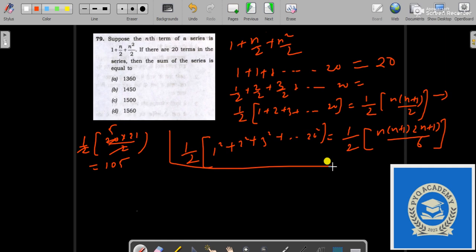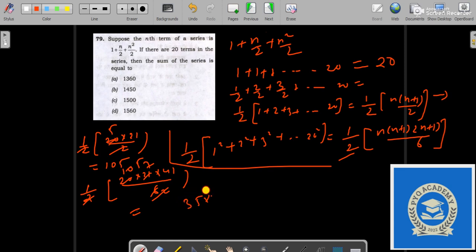Now calculate the other term. Here we will get 1 by 2 into 20 into 21 into 41 divided by 6. Cancelling, we get 35 into 41.